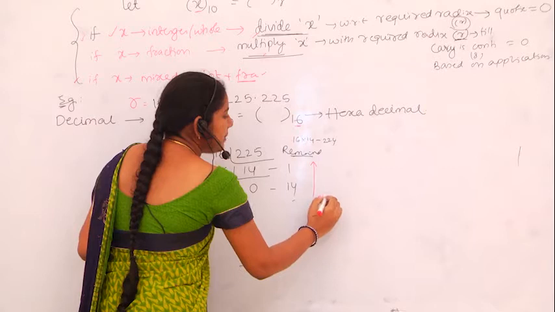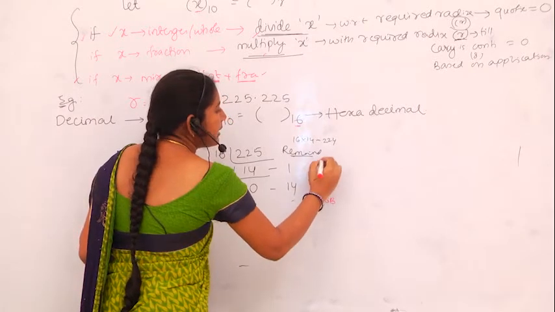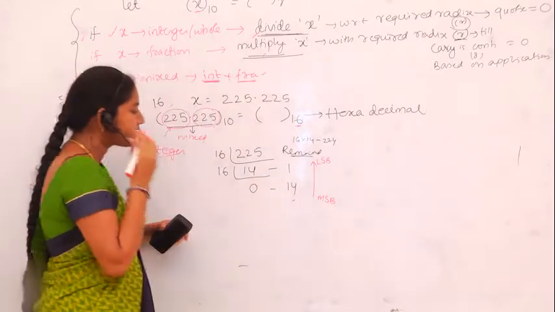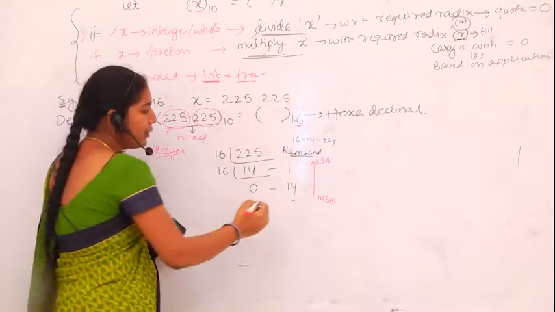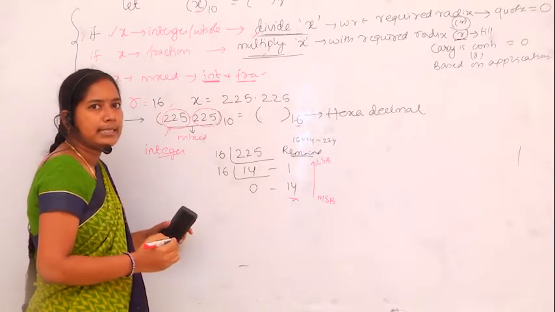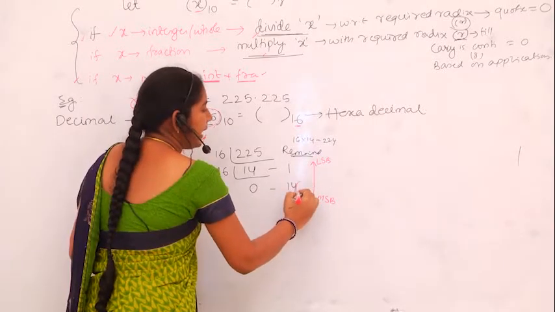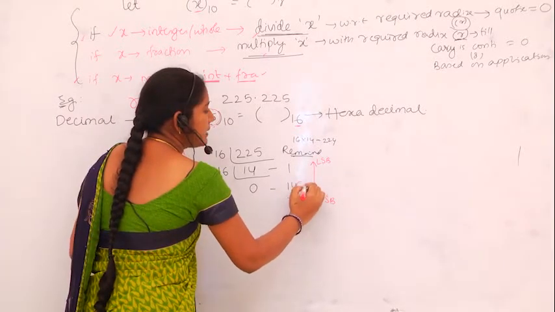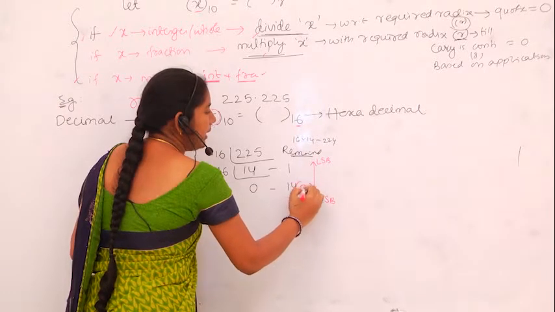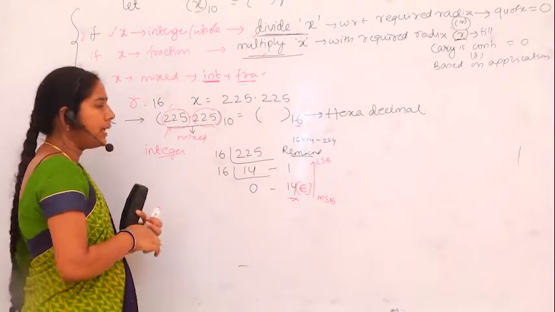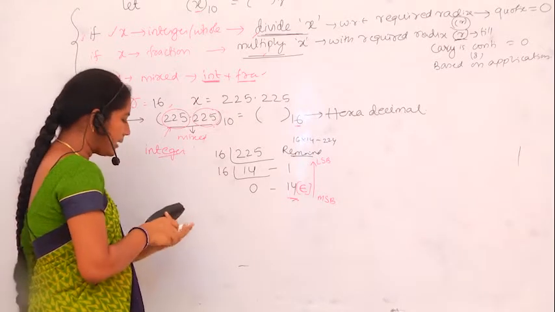So this is MSB and this is LSB. But we don't have 14 in our hexadecimal number system. So instead of 14, we can write this value as E in our hexadecimal number, right? With this, integer part is over.